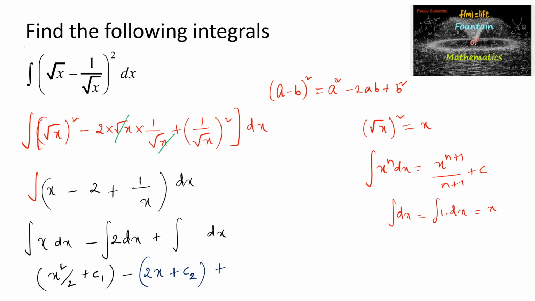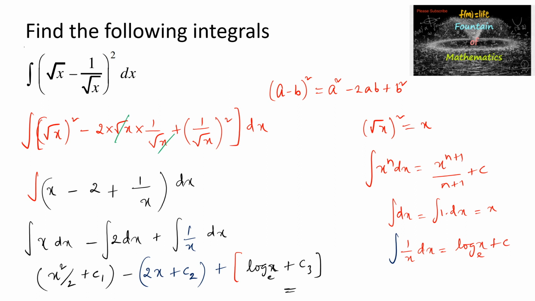So let me write the same here. Instead of writing x power minus 1, let me write 1 upon x. And we know that integration of 1 upon x dx is equal to log x to the base e plus some constant. So I can write here log x to the base e plus some constant say c3.